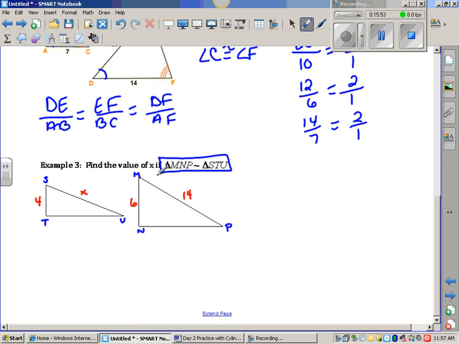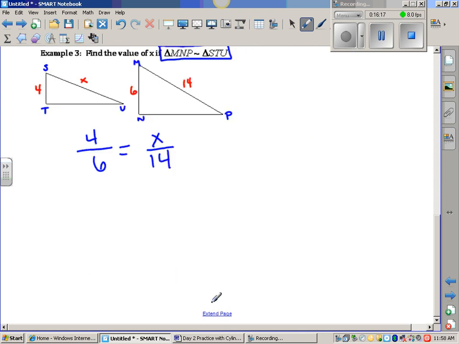So there's lots of ways to set up your proportions. I'm going to stick to kind of the same pattern. So I'm going to say that side length ST, which was 4, corresponds to side length of 6. All right, this is the left side, this is the left side. That has to be the exact same proportion as X is to 14.